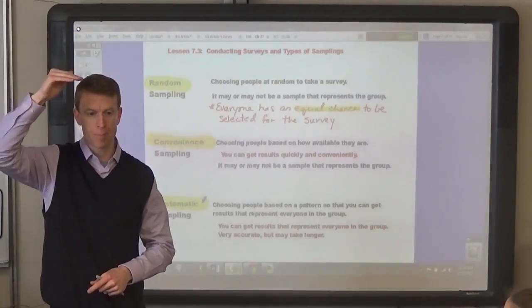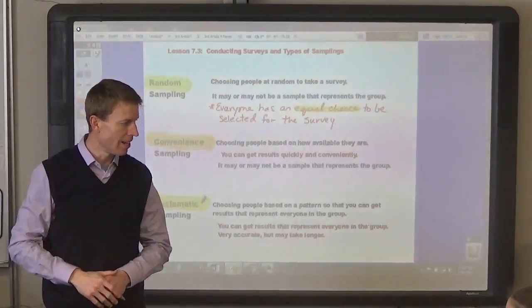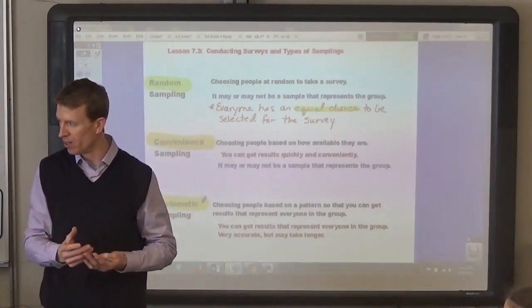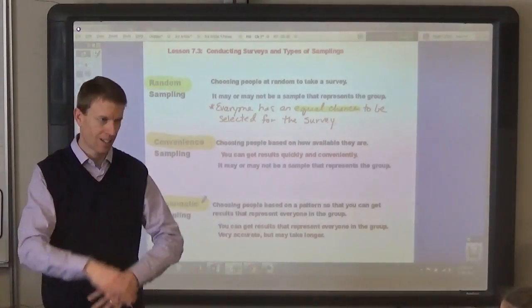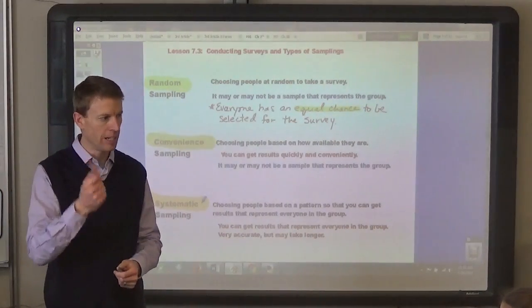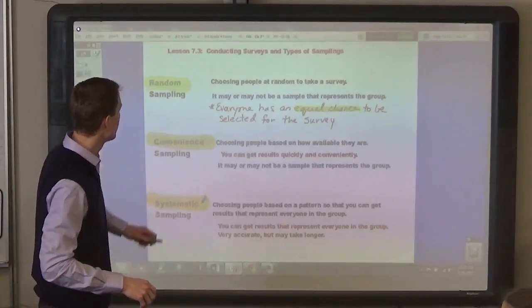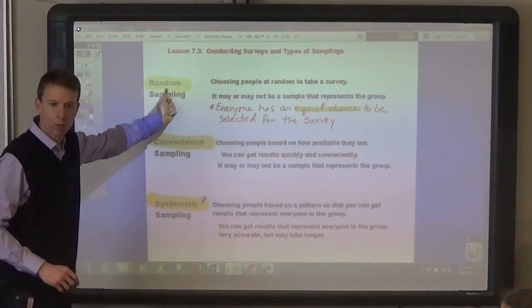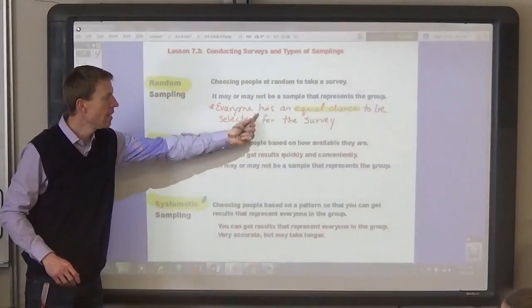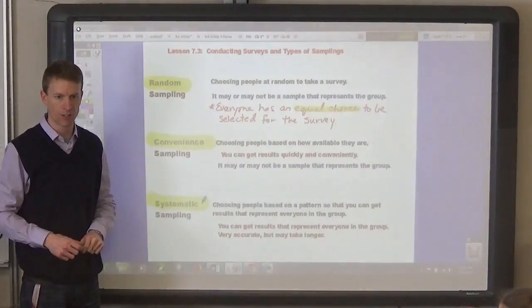And a ball pops up, and that's the number that is selected. So every number in the container has a way of being selected. Okay, that's an example of random, where everyone has an equal chance to be selected for the survey.